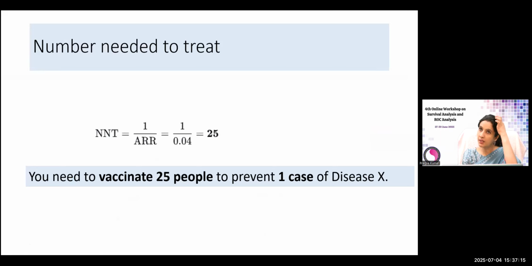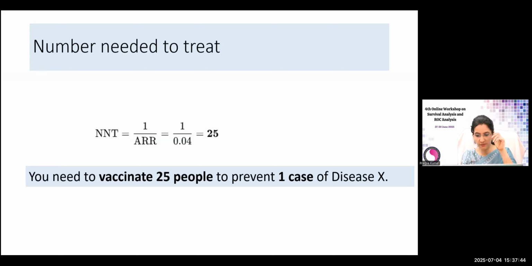And what is number needed to treat? 1 divided by the absolute risk reduction is your number needed to treat. What does this 25 mean? This 25 says that you need to vaccinate 25 people to prevent 1 case of that disease X. That is what we mean by the number needed to treat.